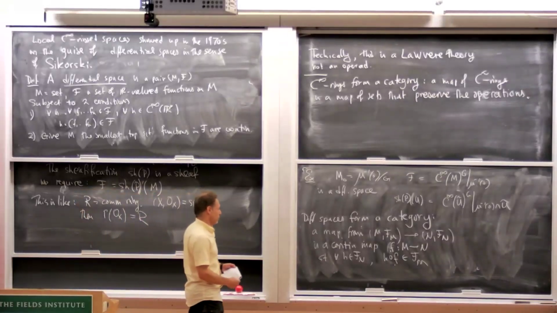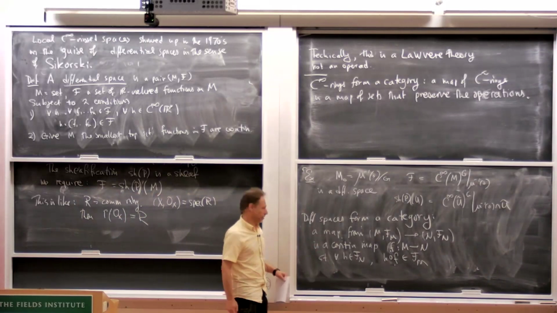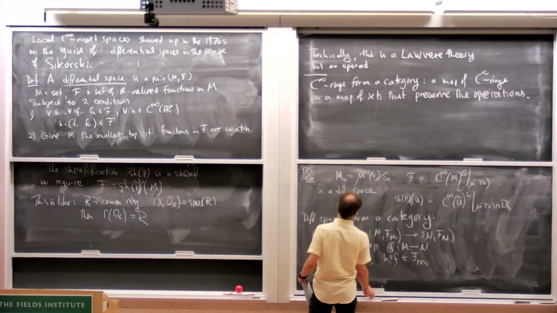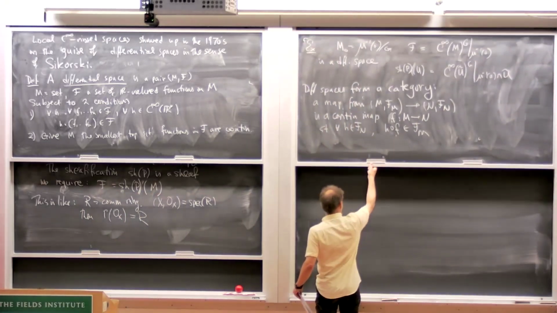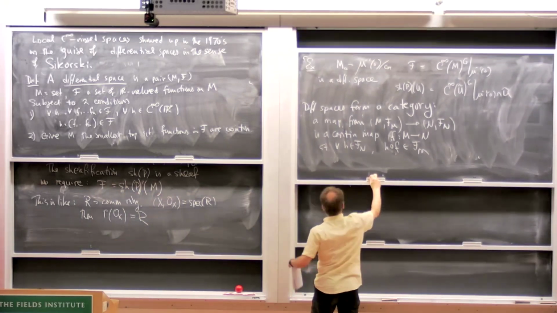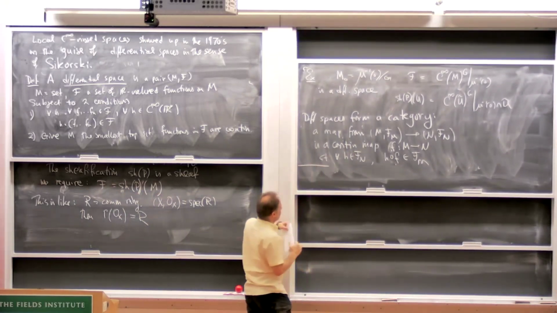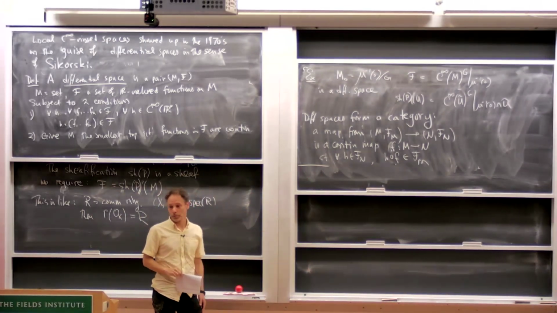I can put extra conditions if I want to. You could probably fiddle with it and get away with less, but I don't want to. So you think of these things as being smooth maps. For manifolds, they're exactly smooth maps.